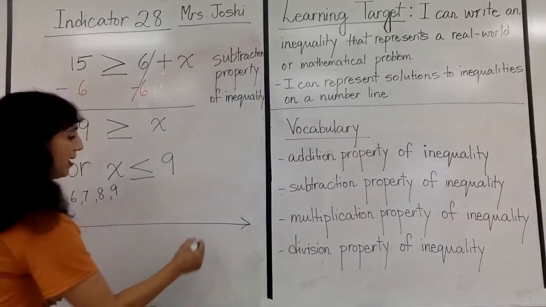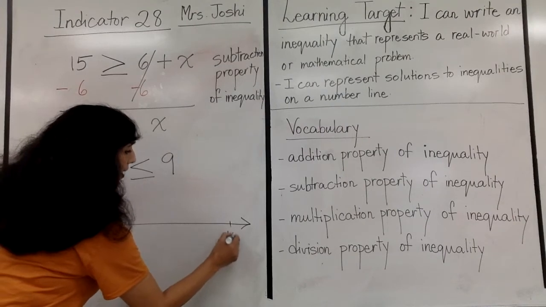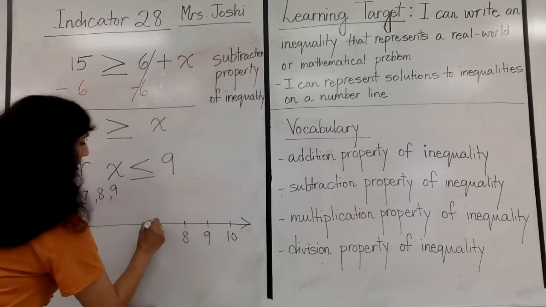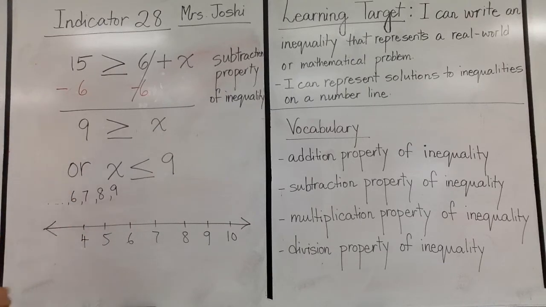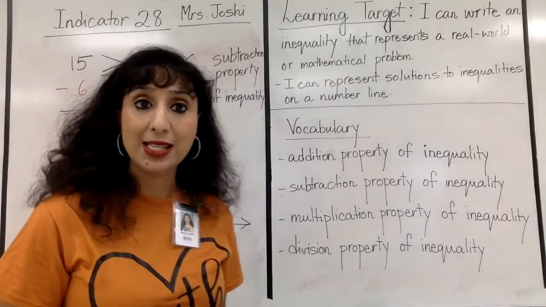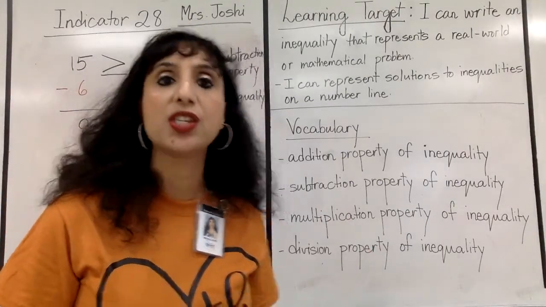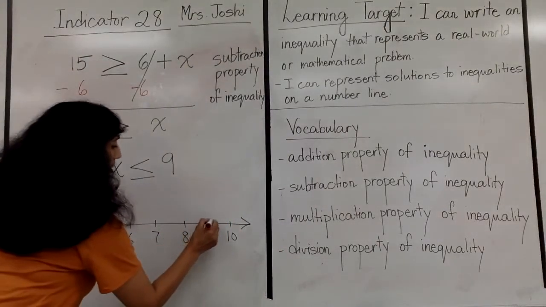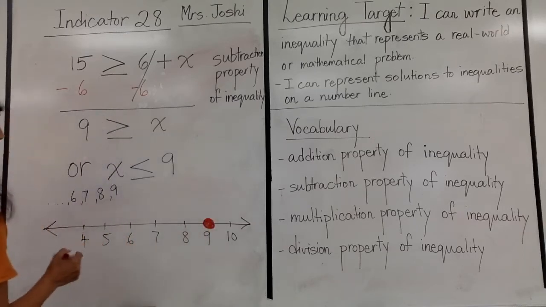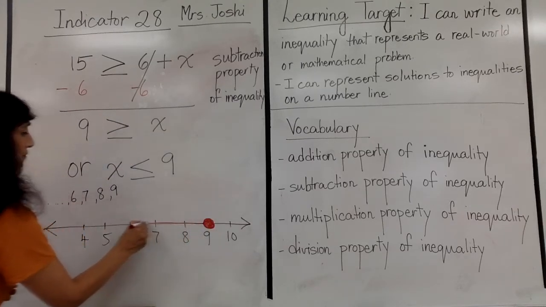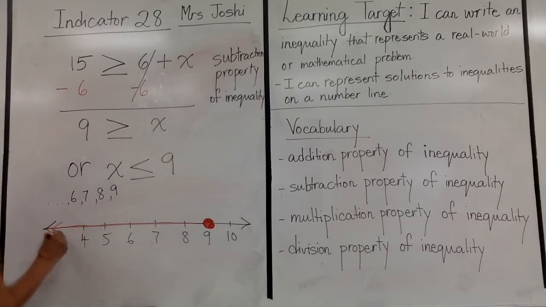Okay, so I can just write over here 10, 9, 8, 7, 6, 5, 4, and so on. And then because 9 is included, this is going to be a closed circle. Okay, so this is a closed circle. We are going to completely color it in. And then every number to the left on the number line is going to be a solution to this inequality.